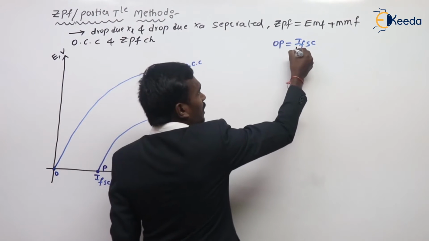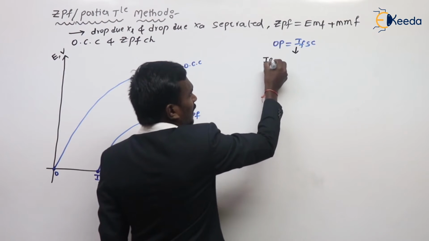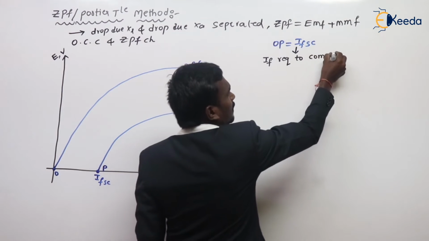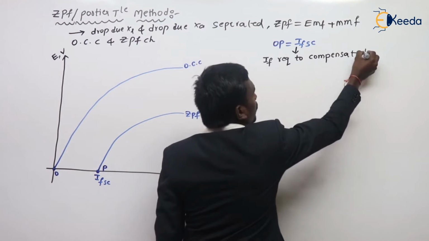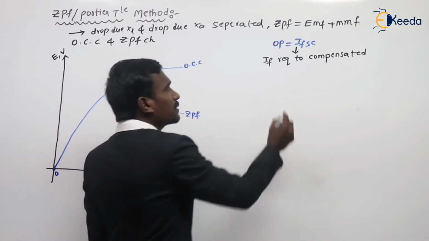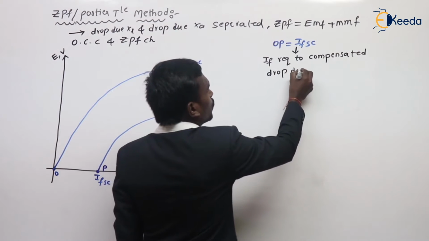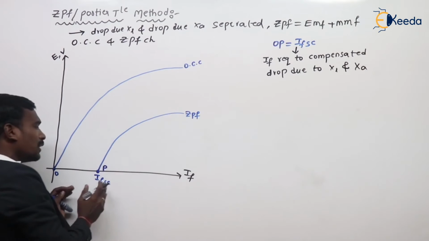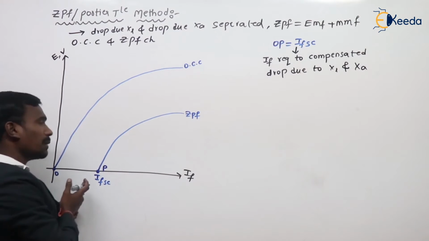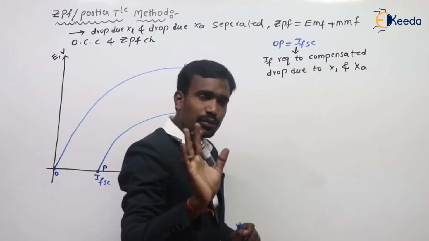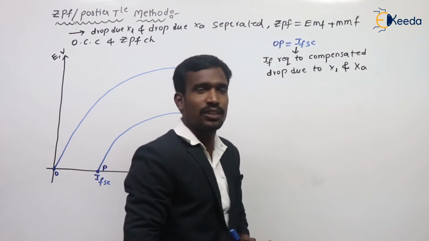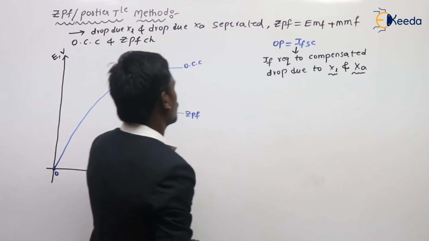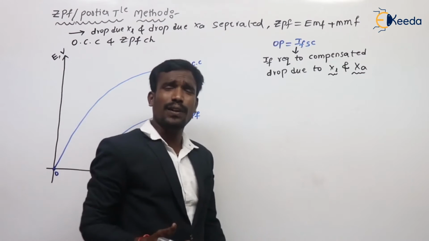IFSC is nothing but the field current required to compensate the drop due to XL and XA, the combined field current. But we have to separate this field current. I can separate this field current into some part for XL and some part for XA. Next, let's see how we can find the voltage regulation.